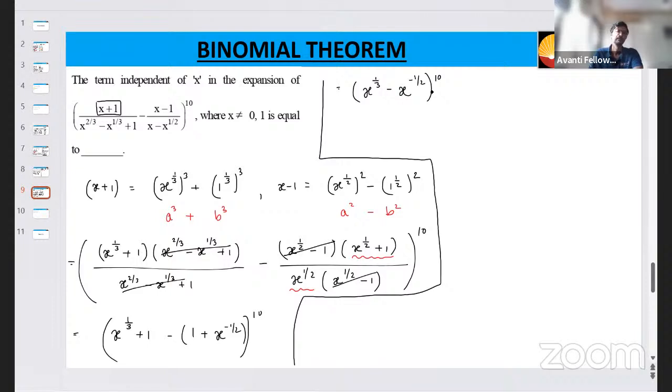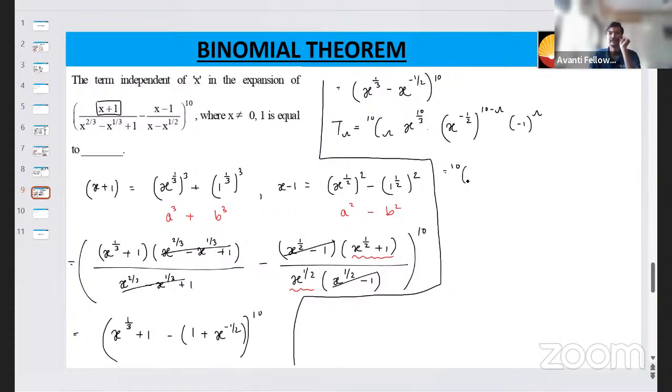So what do we have here is term independent of x. So general term लिखेंगे TR is NCR x raised to the power 10/3 into x raised to the power minus 1/2 into 10 minus r into minus 1 raised to the power r. तो negative sign भी है ना?